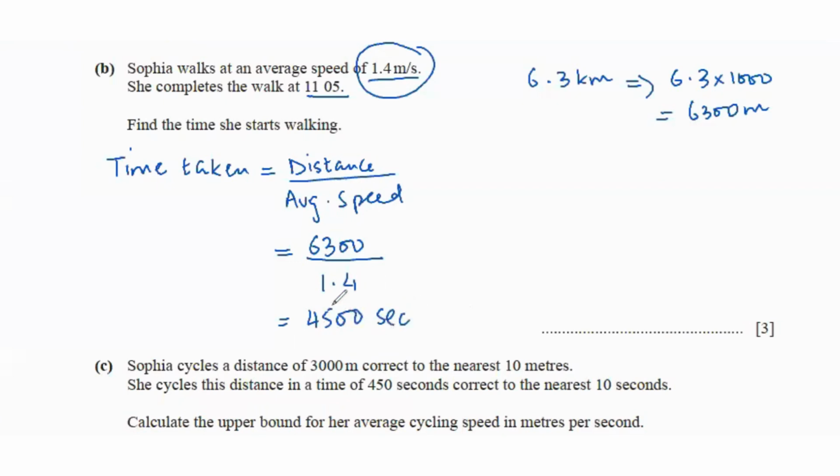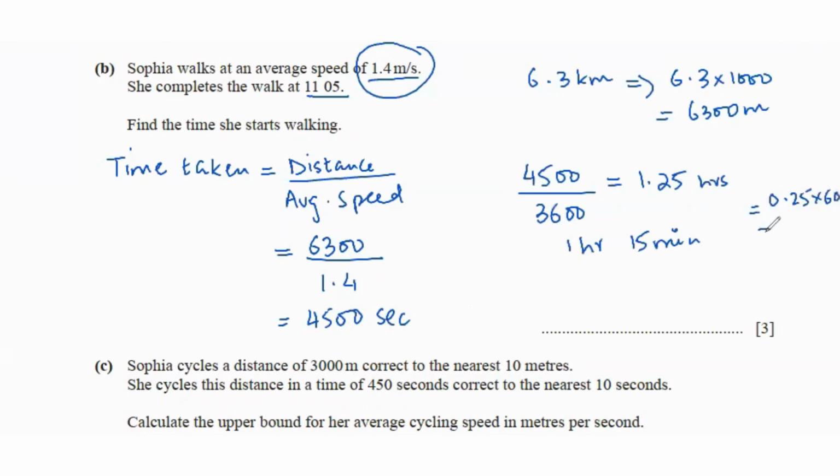seconds. Now we convert the 4,500 seconds into hours. So for that, I'm going to divide 4,500 by 3,600, and that's going to equal 1.25 hours. So 1.25 hours is basically 1 hour and 15 minutes. How did we get that? I multiply the 0.25 by 60. So that gives us 15 minutes, because 1 hour has 60 minutes, so 0.25 times 60 is 15.